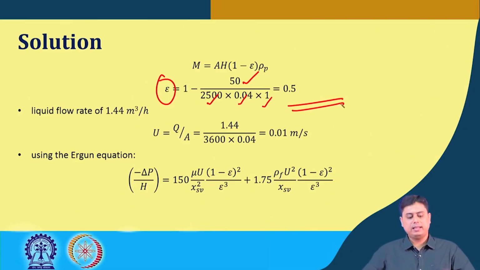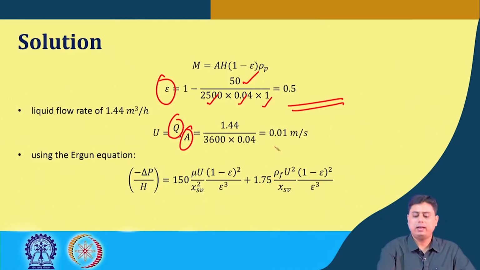Then the second part says when the liquid flow rate is 1.44 meter cube per hour, what is the pressure drop across the bed? For that we need the superficial velocity, which is simple to derive, which is the volumetric flow rate divided by the cross sectional area through which flow is happening. In this case, the superficial velocity comes out to be 0.01 meter per second. This is what we require in the Ergun equation.